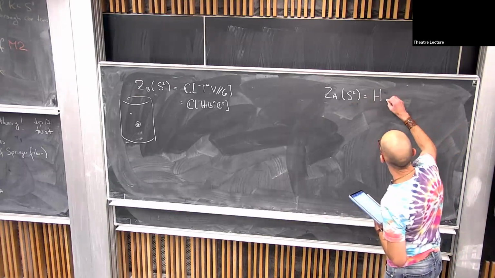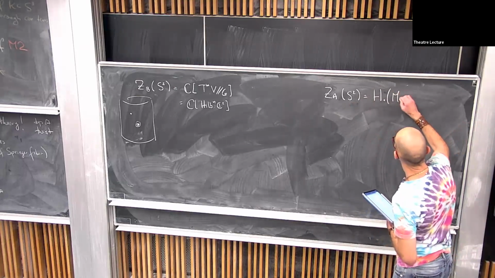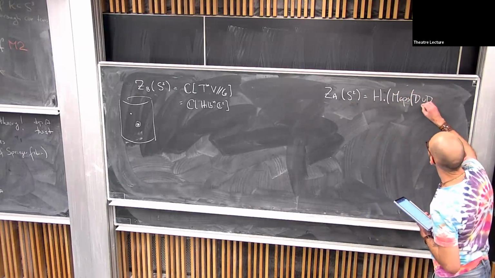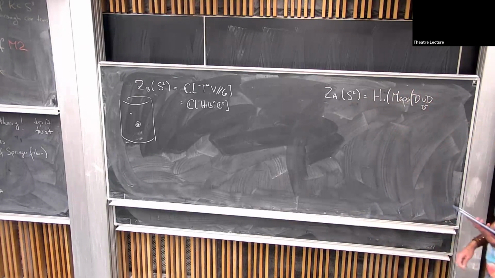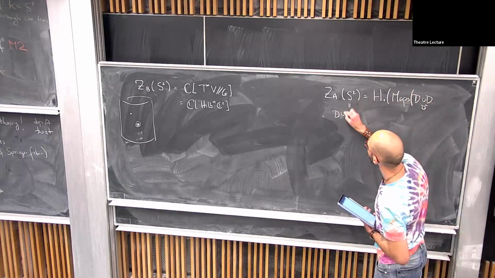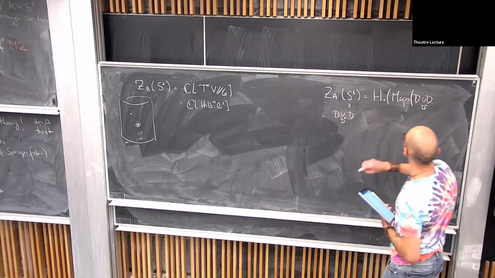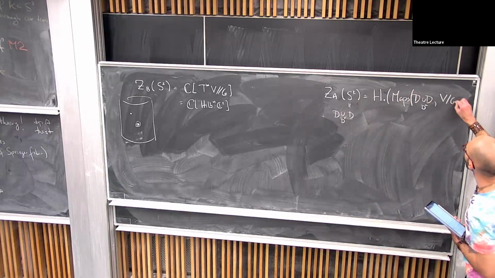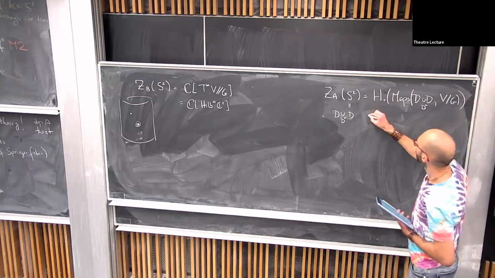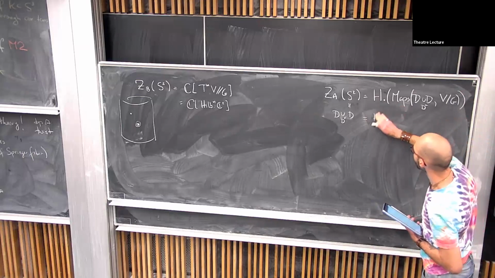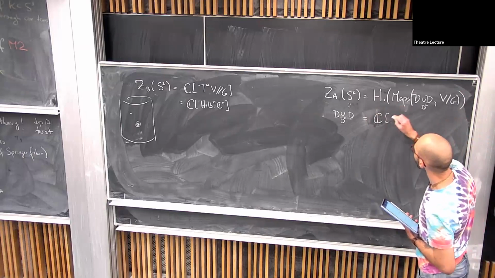It's homology, the space of maps from two formal disks glued over a punctured disk, that's S2, to the moduli space, and they say functions on the Coulomb branch.